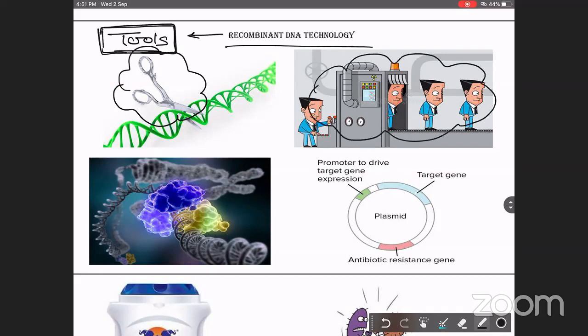In the previous class we have already seen that the molecule or enzyme which works as the scissors in RDT, that is recombinant DNA technology, is nothing but this structure, and these are called molecular scissors.